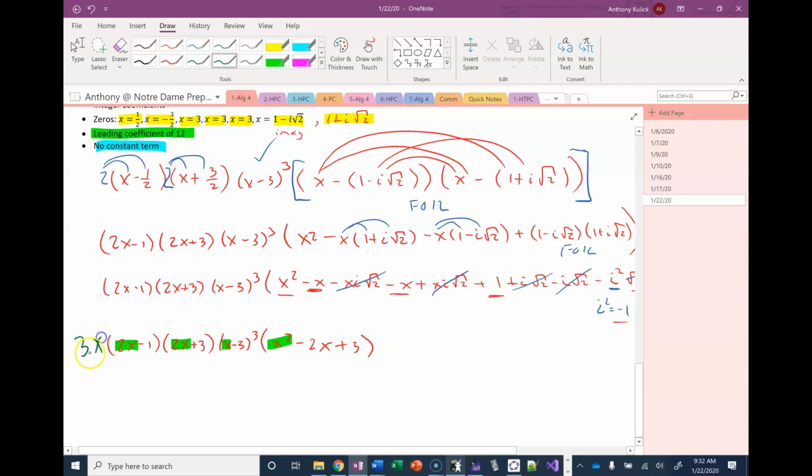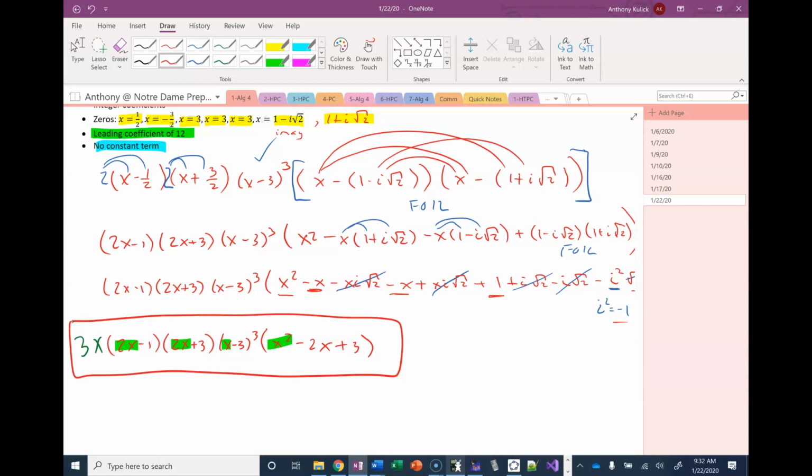So instead of this being 3, let's just make it 3x. And now we're done. So to get rid of a constant term, you just multiply by x. And no more constant term anymore. And because we didn't do anything more than we had to, we still have the minimum degree part. So that's fine.